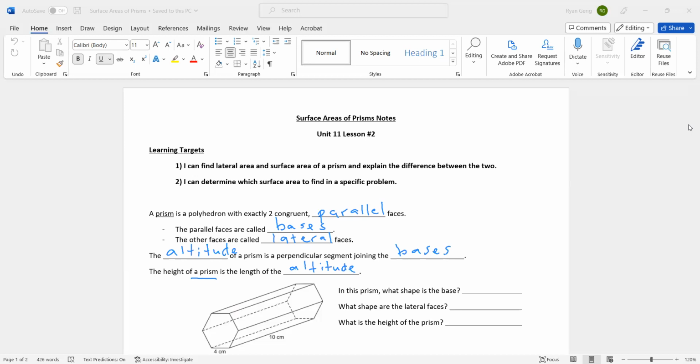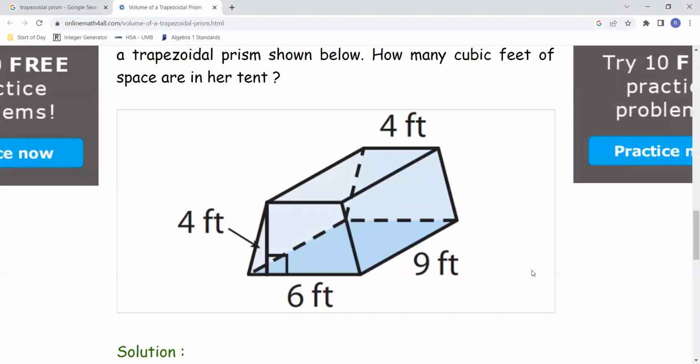Okay, so I'm going to quickly go to a website that I pulled up, share it with you here. Okay, in this one, what is the height of the prism? A lot of people are going to put 4. It is not 4. The height of this prism is actually the 9.